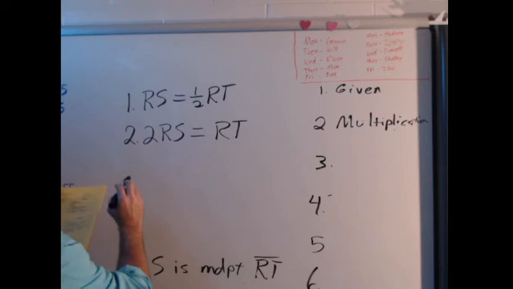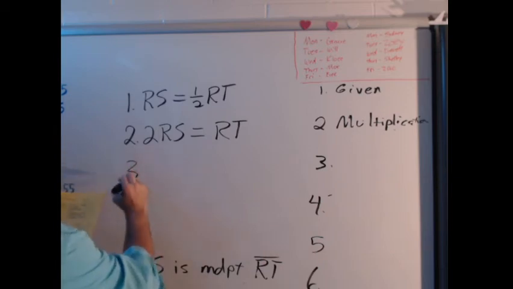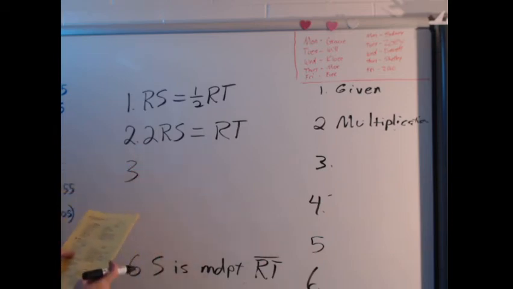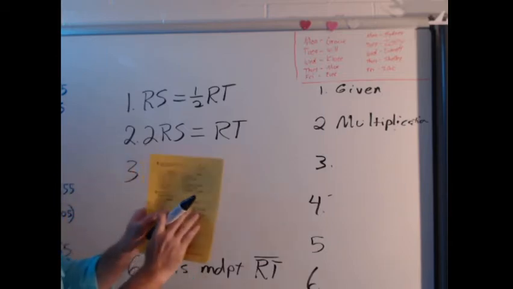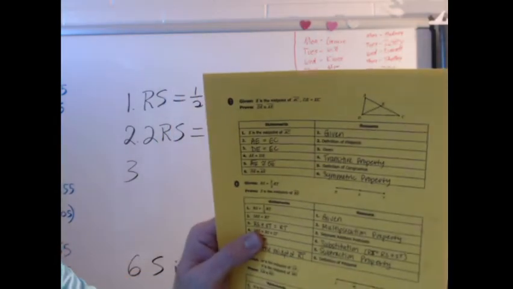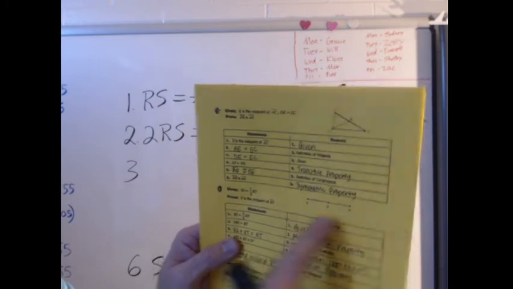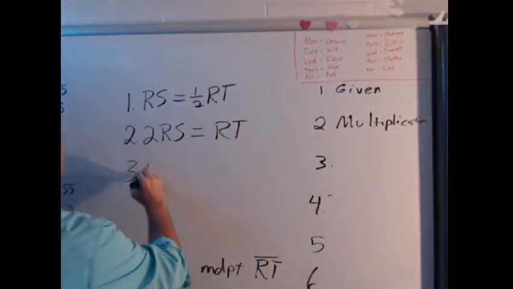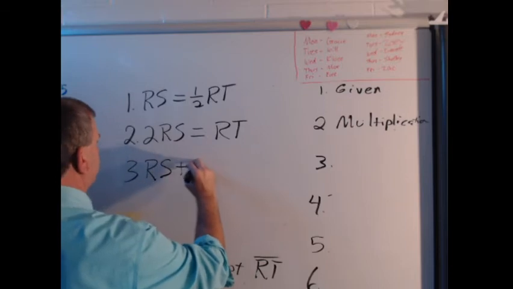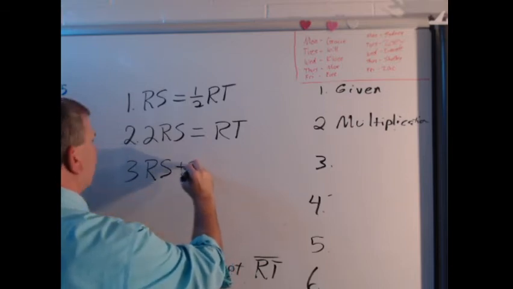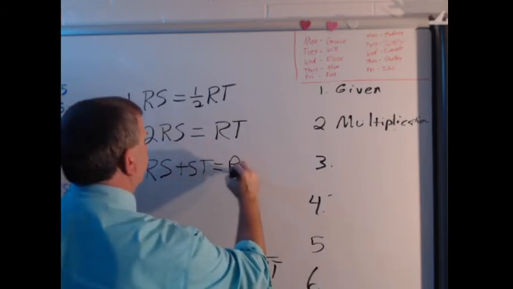Then on number 3, I have, if RS is equal to 1/2 RT, 2RS is equal to RT, then I know that if I look back at my example, and look right here, where the line is, I know that RS plus ST is equal to RT.